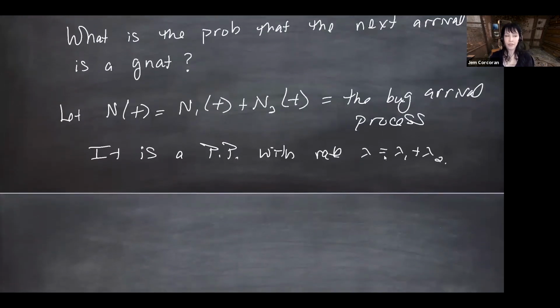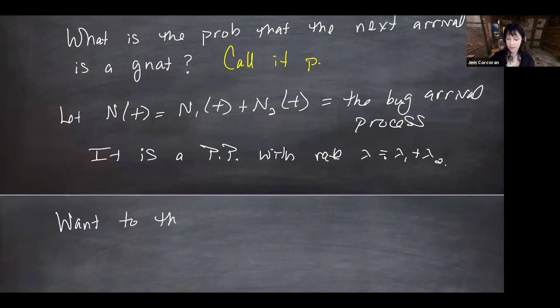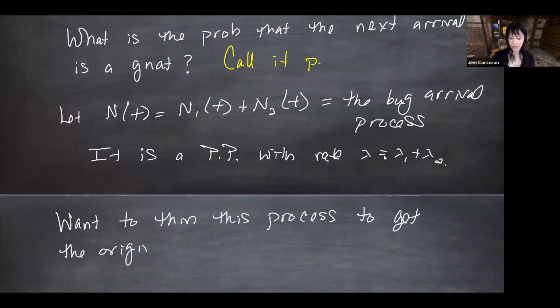Now, if you are trying to find the probability that, on each arrival, a bug is a gnat versus a mosquito, I'm going to call that little p. And so I want to thin this big fat process to get the originals.